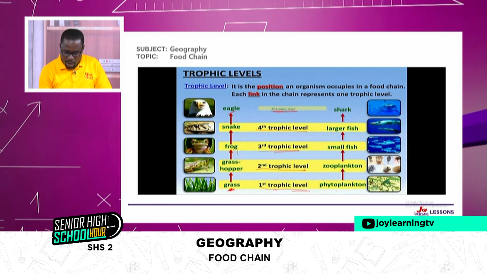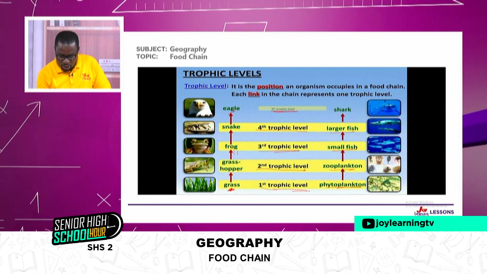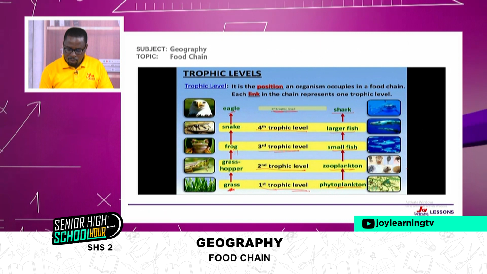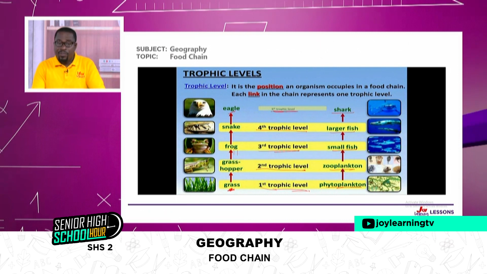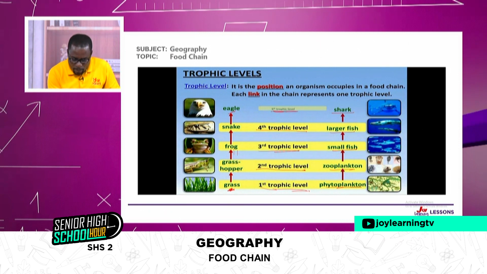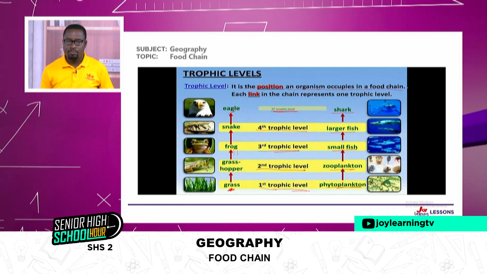Coming to the right side, we have the phytoplankton. Then the zooplankton, small fish, larger fish, then the shark. So in the aquatic ecosystem, we see the shark to be on top, on the fifth trophic level. So trophic level is the position an organism occupies in the food chain.